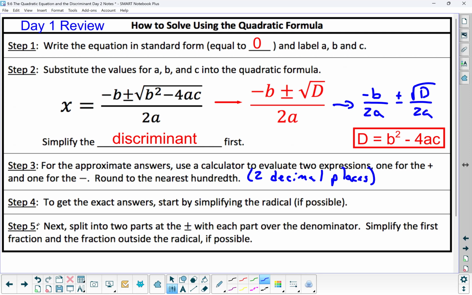Step 5, next split into 2 parts with the plus and minus, with each part over the denominator. That's why I write it this way in blue. That already splits it into 2 parts. Simplify the first fraction and the fraction outside the radical if possible.